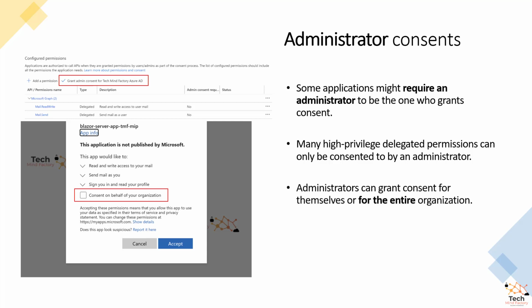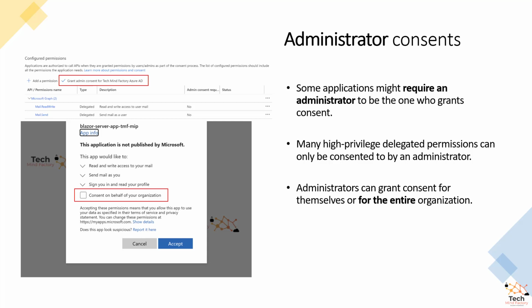Administrators can grant consent for themselves or for the entire organization. It's also important. So, as you can see in the picture presented here, when I use an administrator account to authenticate in the application, there is this checkbox displayed, consent on behalf of your organization.